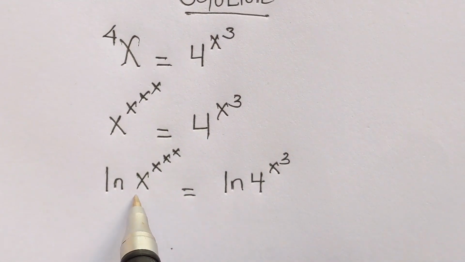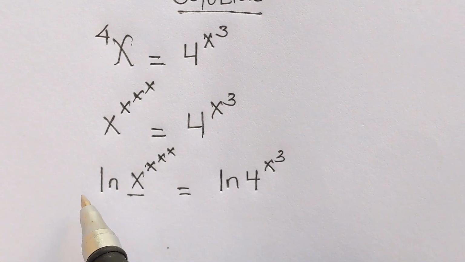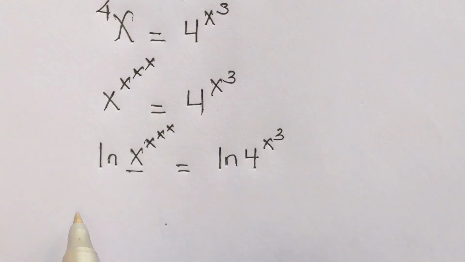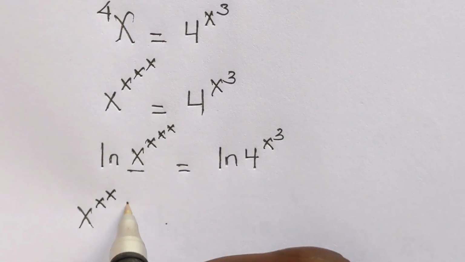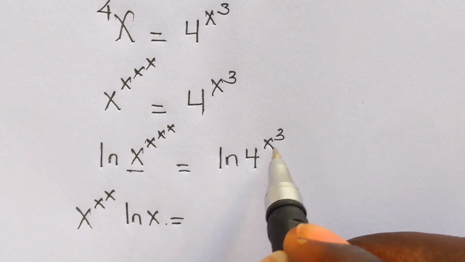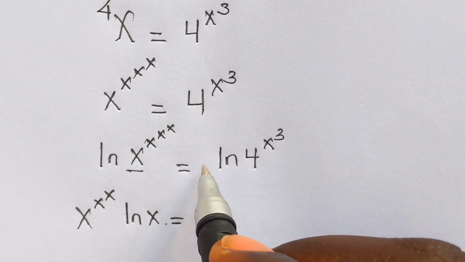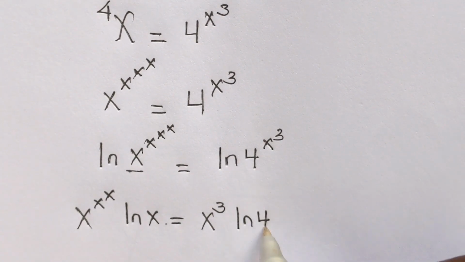And remember that this is a base, to mean that this exponent can come at the front right here to get x power x ln of x equals to, and this one should be written here at the front to get x power 3 ln of 4.